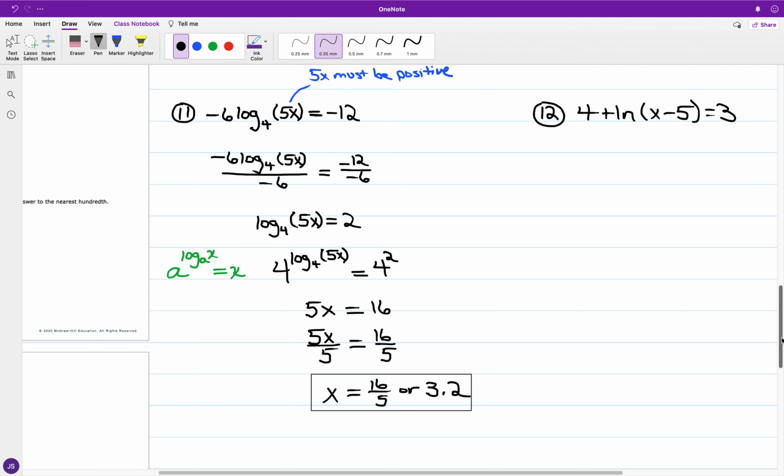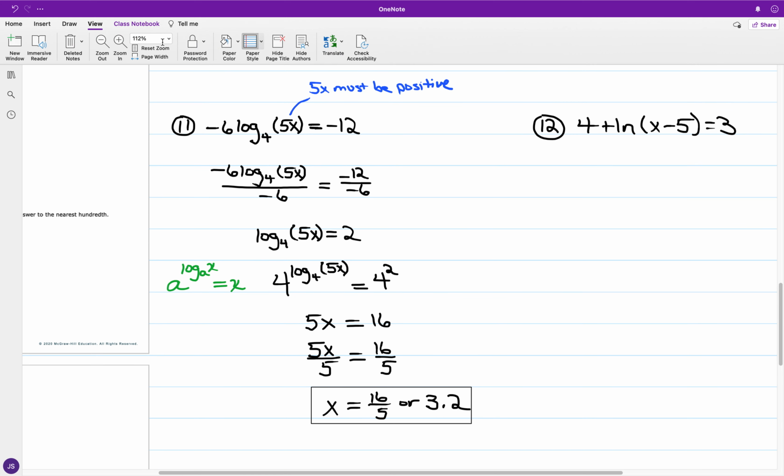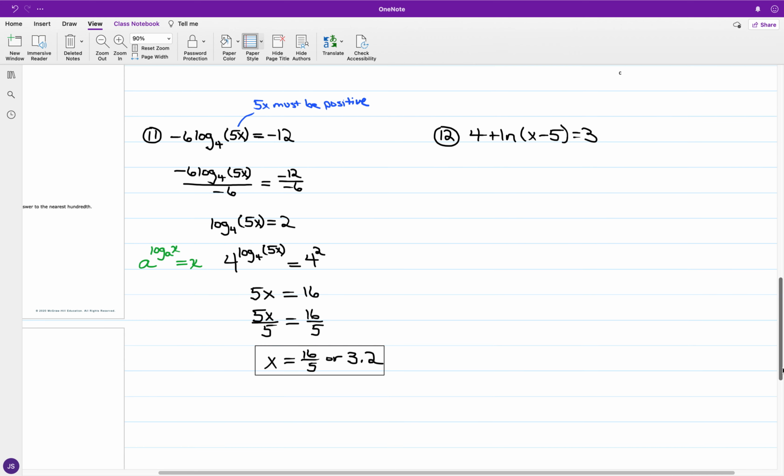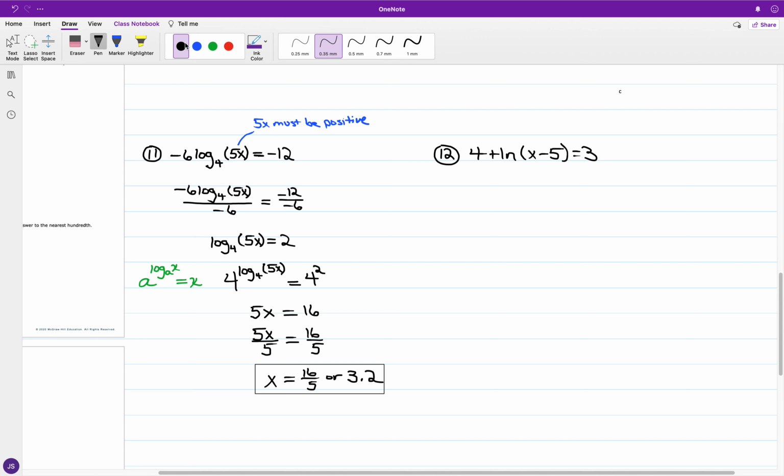With the logarithmic term, the attachment is x minus 5, so whatever we have for x must ensure that x minus 5 is positive.